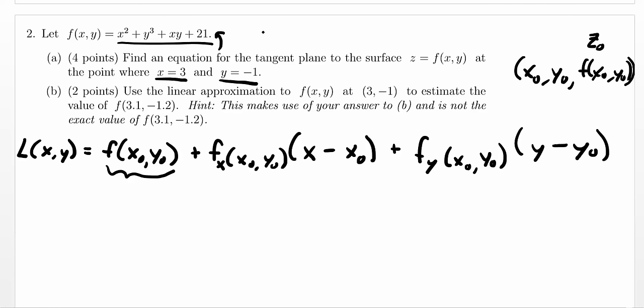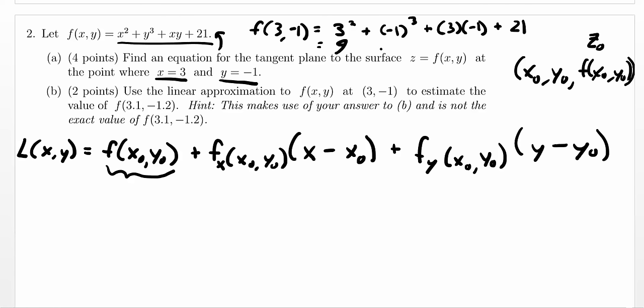So let's do that. f of 3, -1 equals 3 squared plus -1 cubed plus 3 times -1 plus 21.